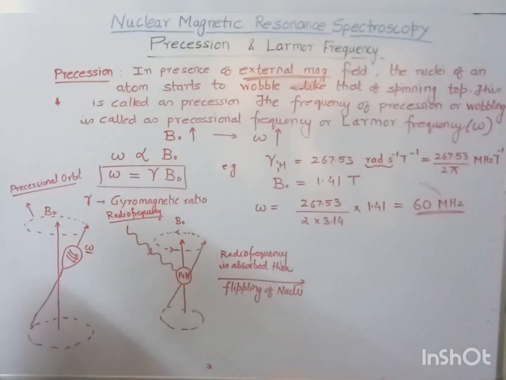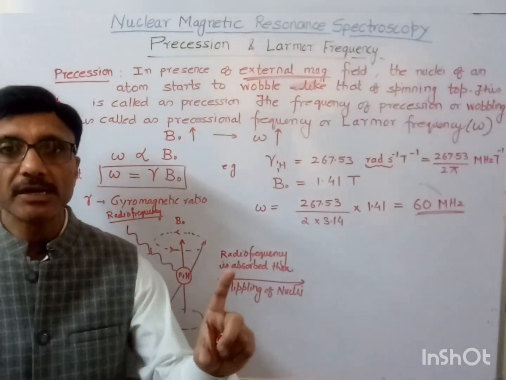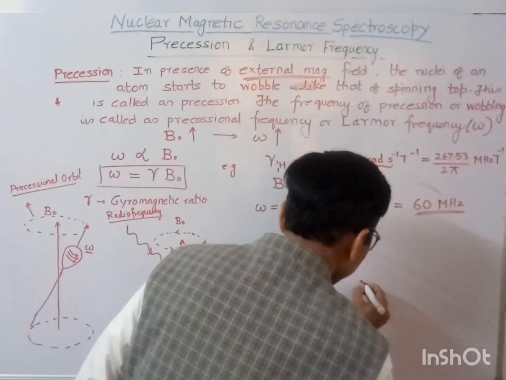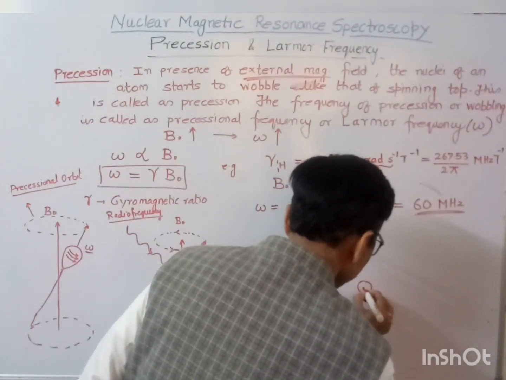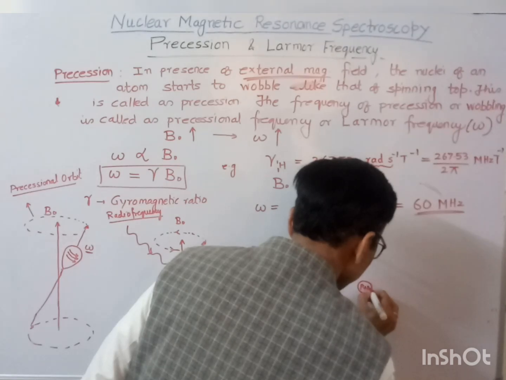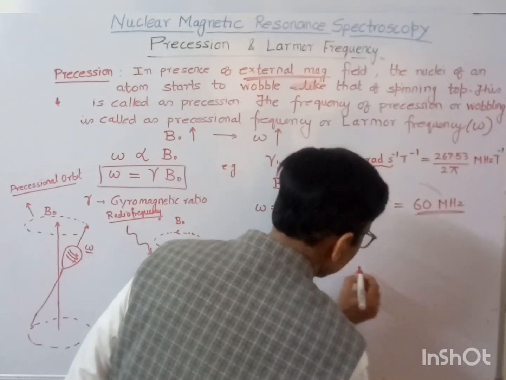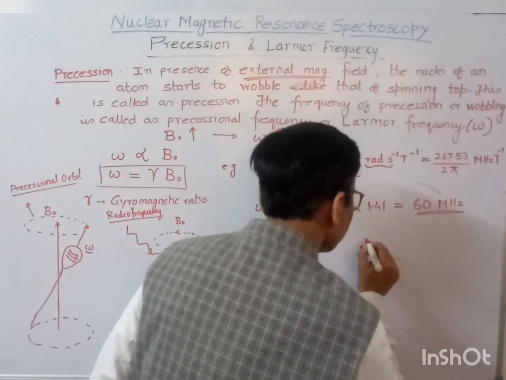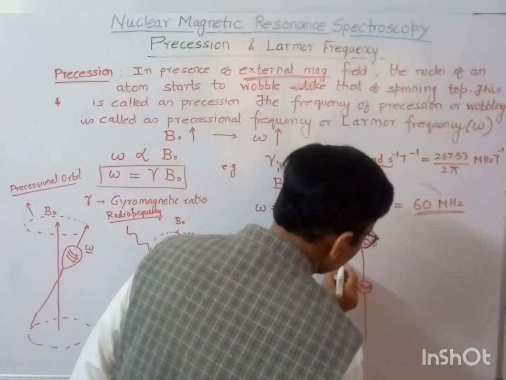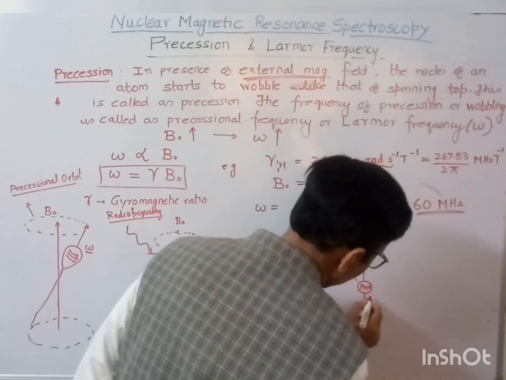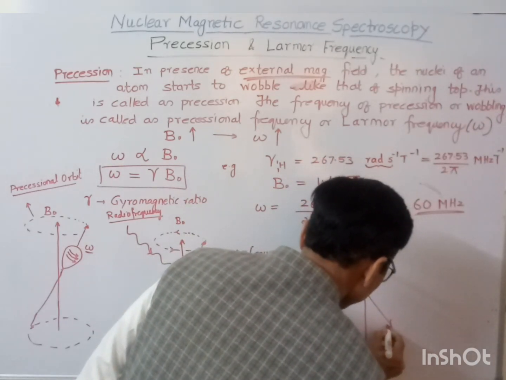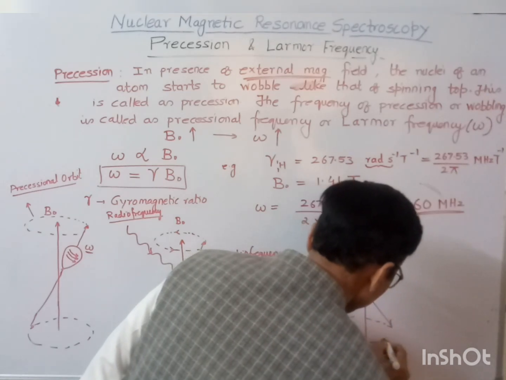Okay, so this precession will now take place in the opposite direction. So now it can precess like this in the opposite direction. If we have this nuclei, it will start flipping. So this is the external magnetic field, and now it will start precessing in the opposite direction, as you can see.